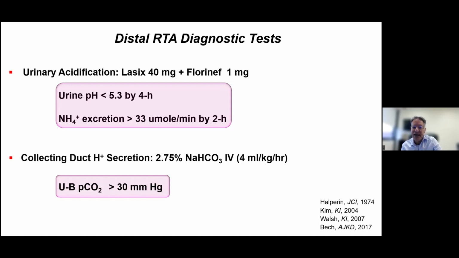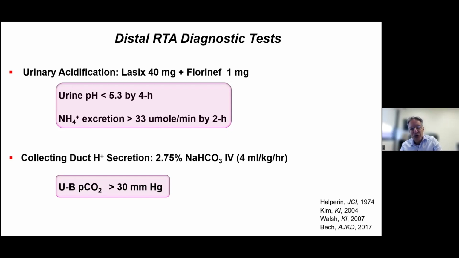And then the carbonic acid will split up into water and carbon dioxide. So if I have normal proton secretion in the presence of ample bicarbonate in the collecting duct, I should be able to generate carbon dioxide and use the carbon dioxide concentration as an indirect assessment that I had normal proton secretion.